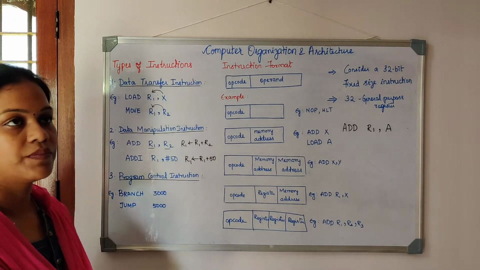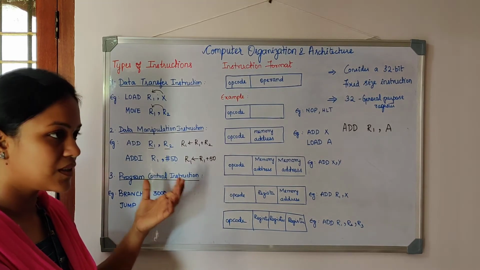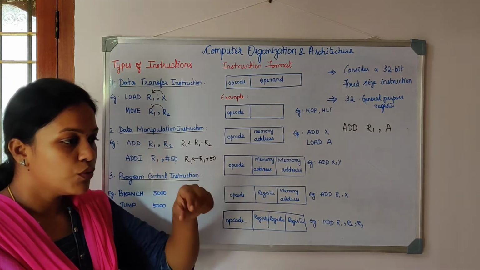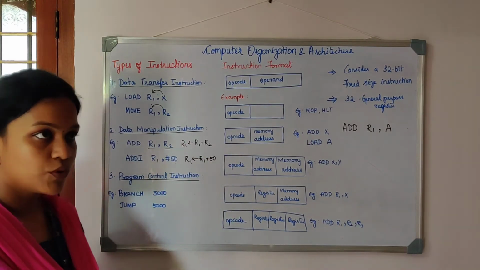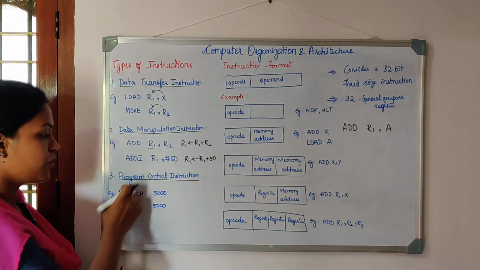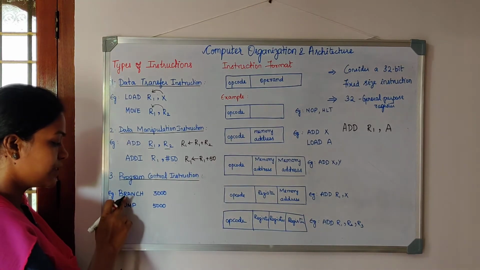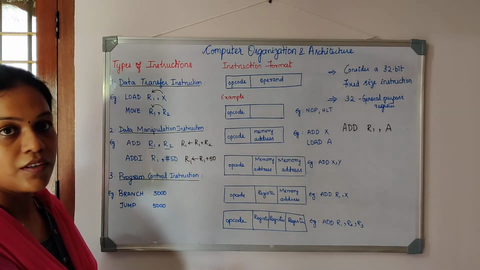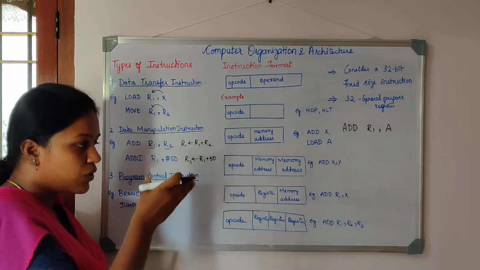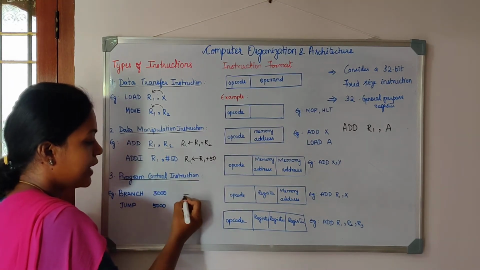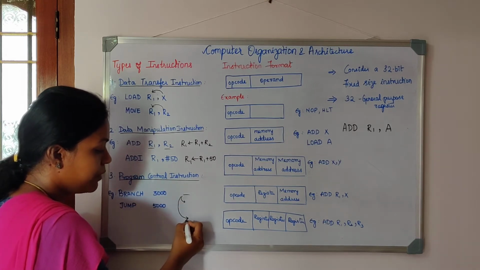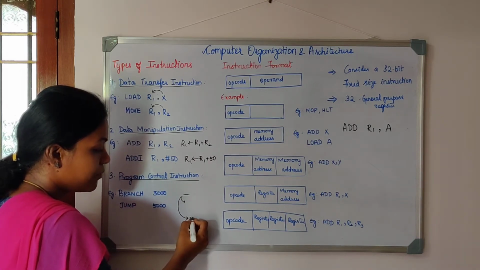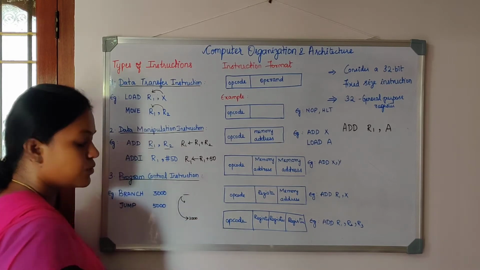Program control, as the name suggests, means you are going to move the control to some other location in memory. An example for program control instruction is branch and jump. Depending on a condition, the instruction either goes to the next instruction, or it jumps to some other location in memory, say 3000 or 5000.